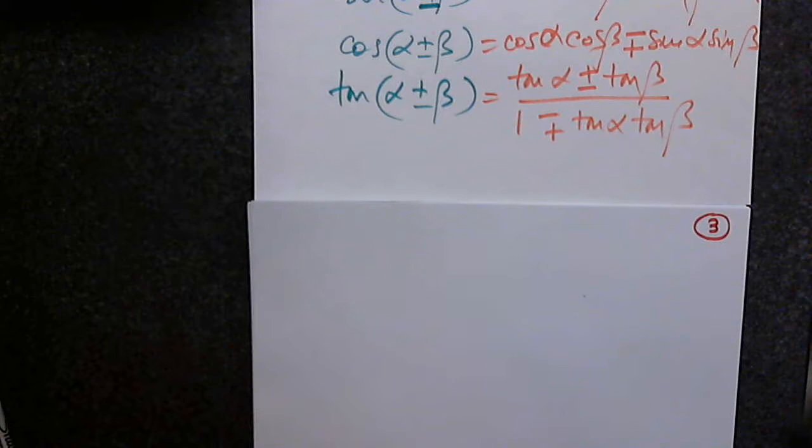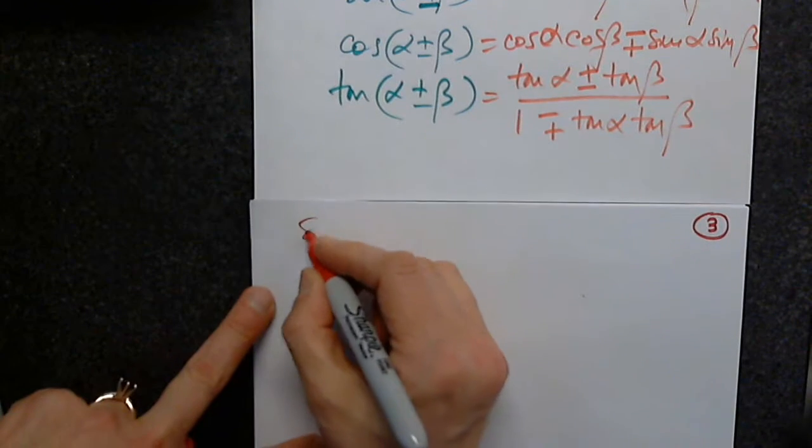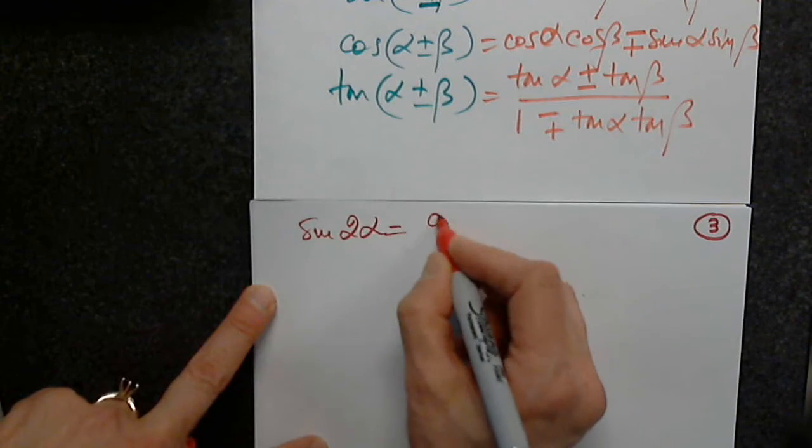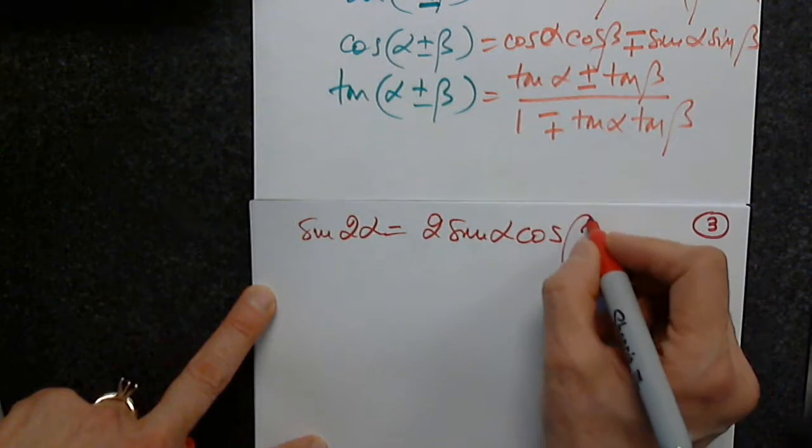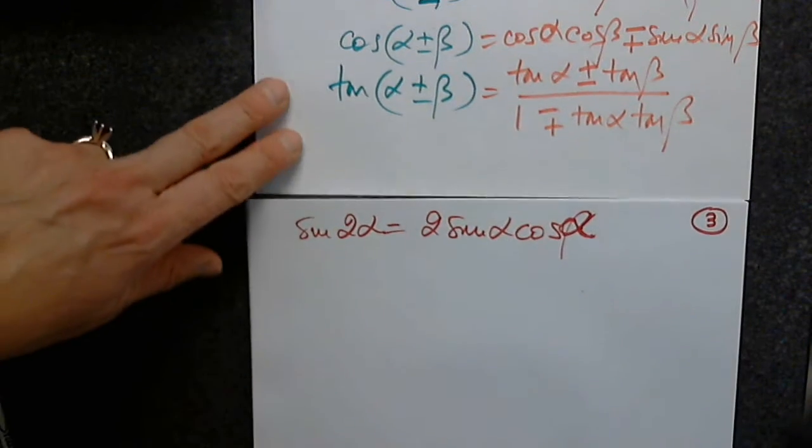Then the double angle and the half angle. You're not responsible for product to sum and sum to product. Those will be given to you. And you're not responsible for tangent alpha over 2 other than the ratio. The other two forms will be given to you. So sine twice alpha is 2 sine alpha cosine alpha.